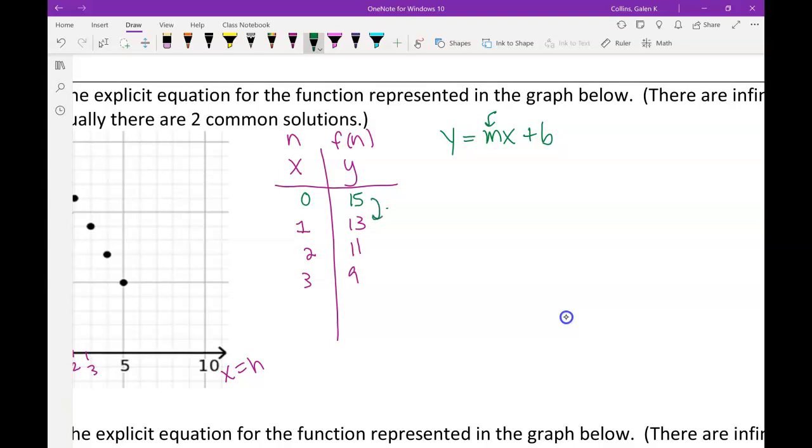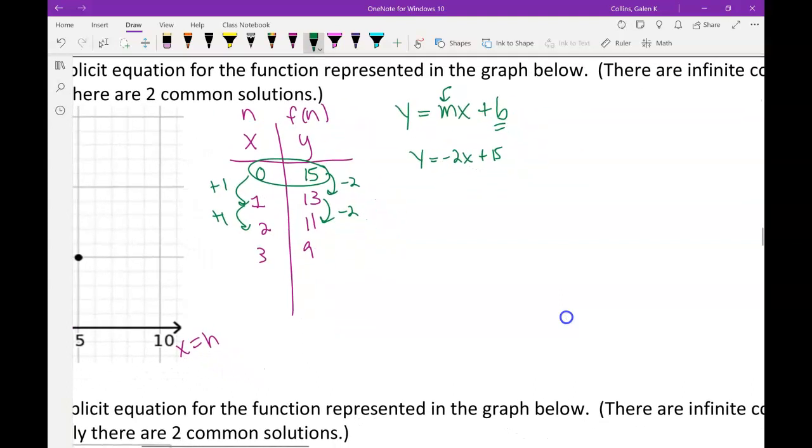So when I see that my y values, or f of n values, are decreasing by 2 every time x or n increases by 1, that's my slope. And this b is my y-intercept. So I could think of this as y equals negative 2x plus 15, because my y-intercept is the ordered pair (0, 15), but b is the y value, the place where that line crosses the y-axis.